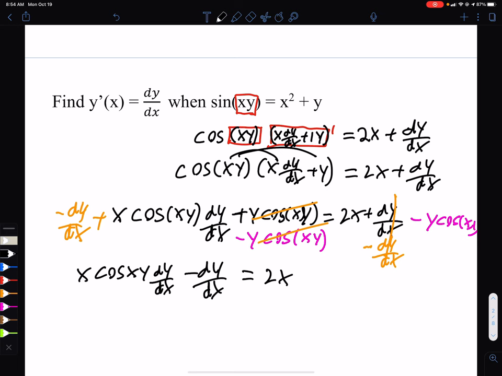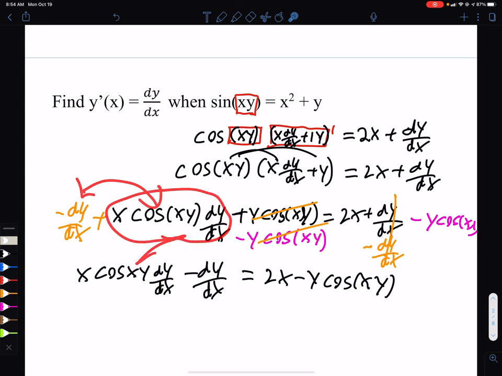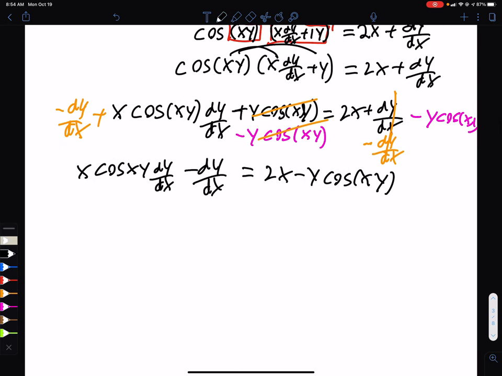And then on this side, I have 2x minus y cos xy. So I'm subtracting dy dx, but I like the negative to be in back, so I just switch these. I put this in front, and then you're subtracting dy dx, so I just did that. Okay, I still don't have dy dx by itself, so I need to factor out the dy dx, because you'll notice both terms, there's two terms.